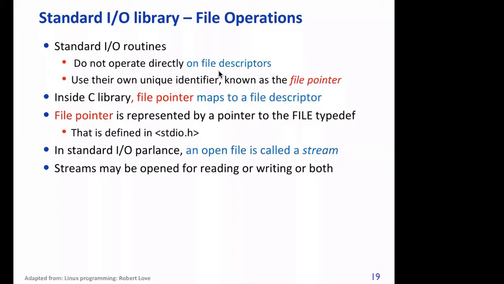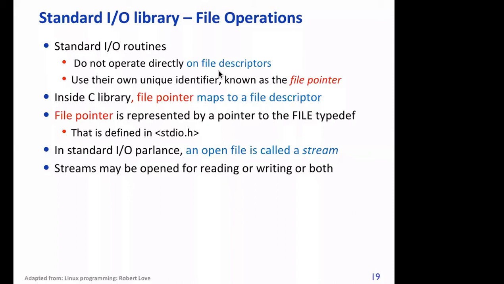So we know now that when we are using a library, we don't use file descriptors. Then we are using streams that we call a file pointer, as I mentioned in the third bullet point. This file pointer is of type FILE.